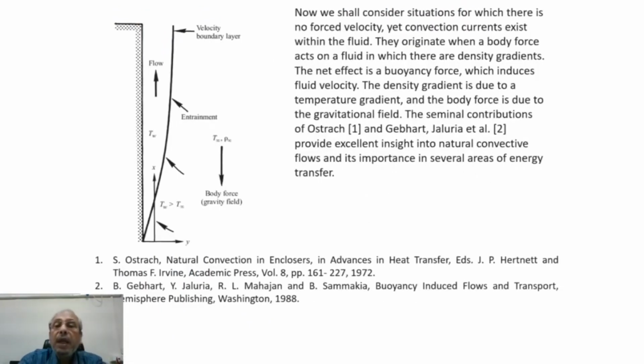Now we shall consider situations for which there is no forced velocity, yet convection currents exist within the fluid. I have already mentioned about it. They originate when a body force acts on a fluid in which there are density gradients.